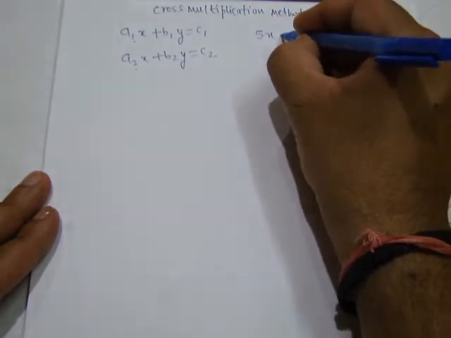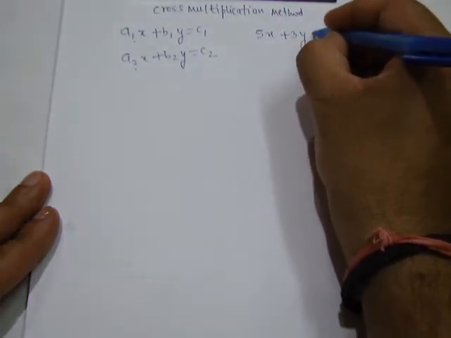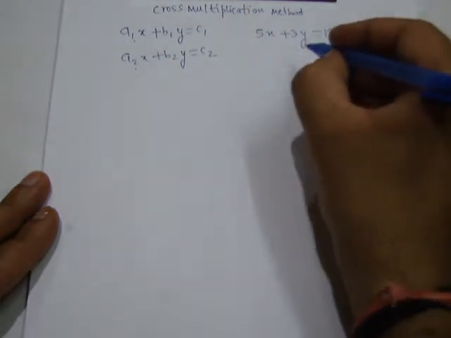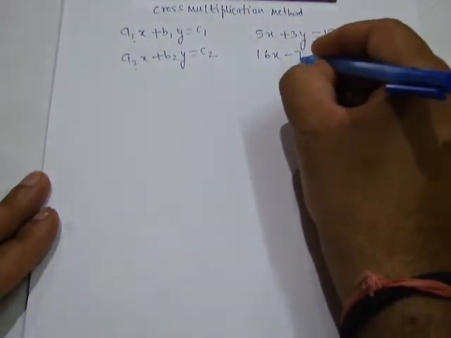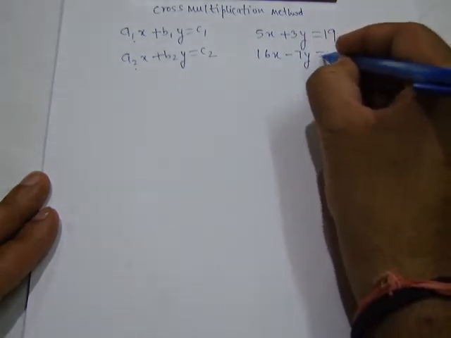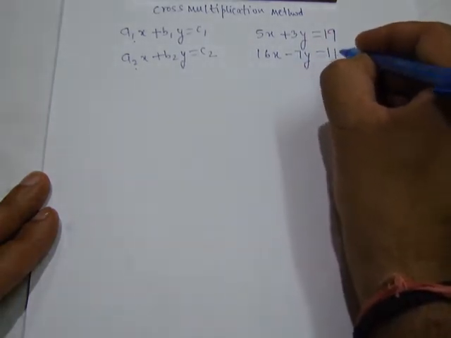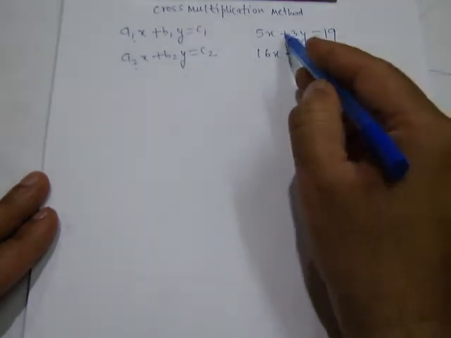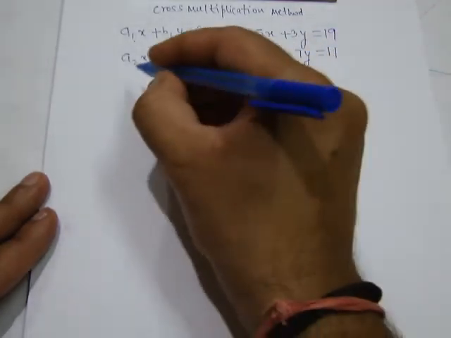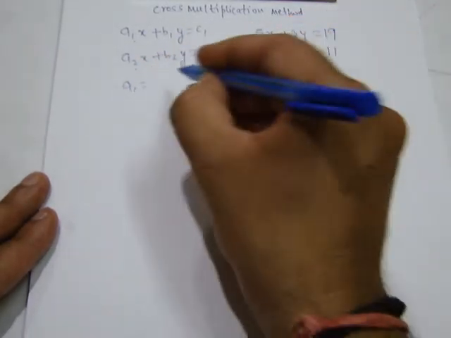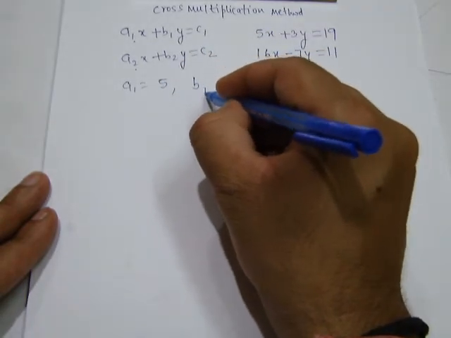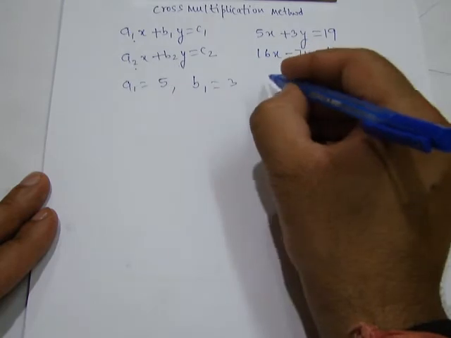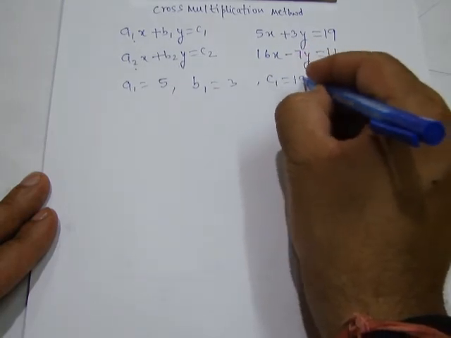5x + 3y = 19, and the second equation 16x - 7y = 11. Now if we compare these two equations with the general form, we find that the value of a1 is 5, b1 is 3 and c1 is 19.